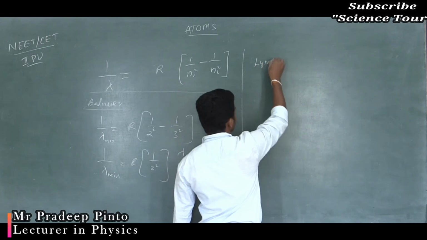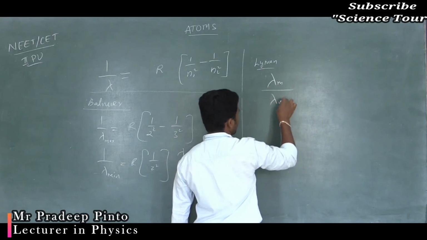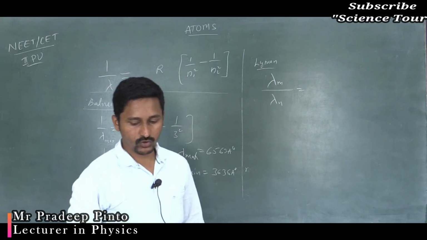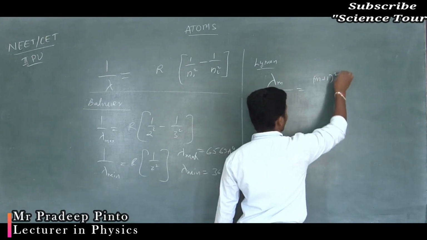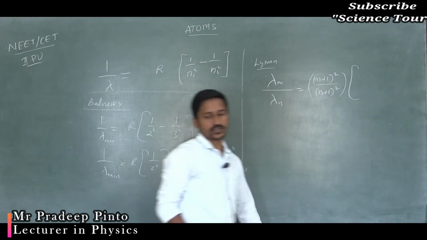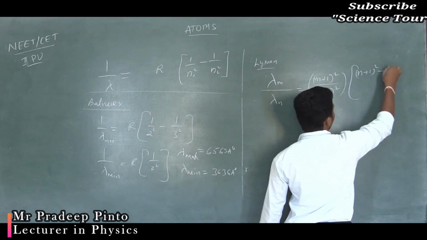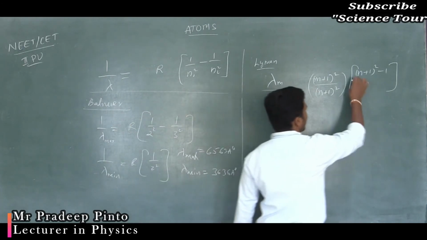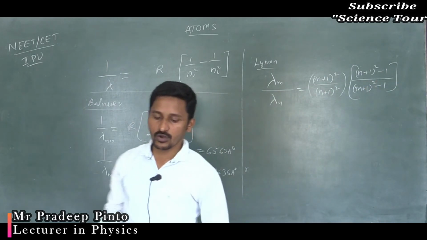For the Lyman series, the ratio of the wavelength of mth order to the wavelength of nth order, that is the same formula, is nothing but m plus 1 whole square divided by n plus 1 whole square, into n plus 1 whole square minus 1 divided by m plus 1 whole square minus 1.